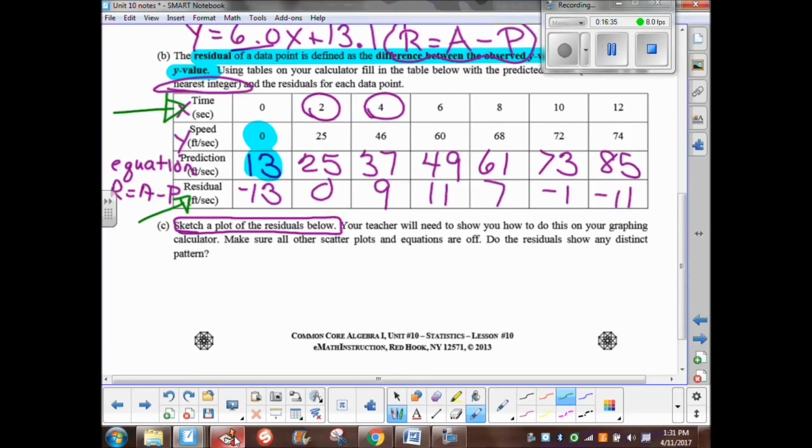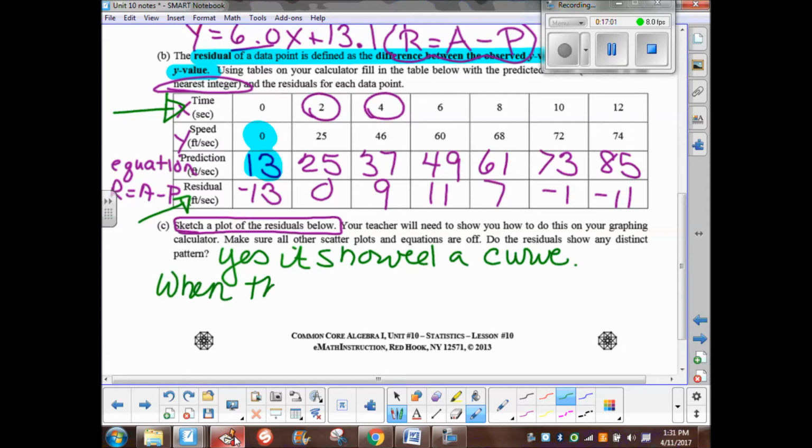So, do the residuals show any distinct pattern? Yes, it showed a pretty distinct curve. Let's expand. This question isn't asking that, but let's add that in there.